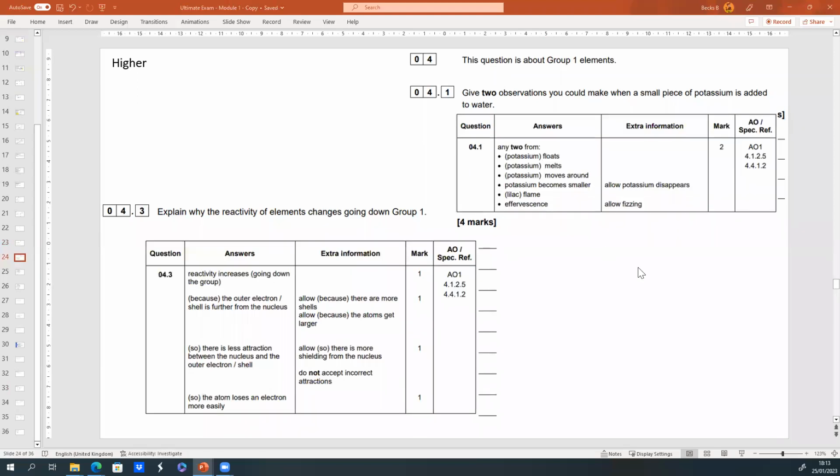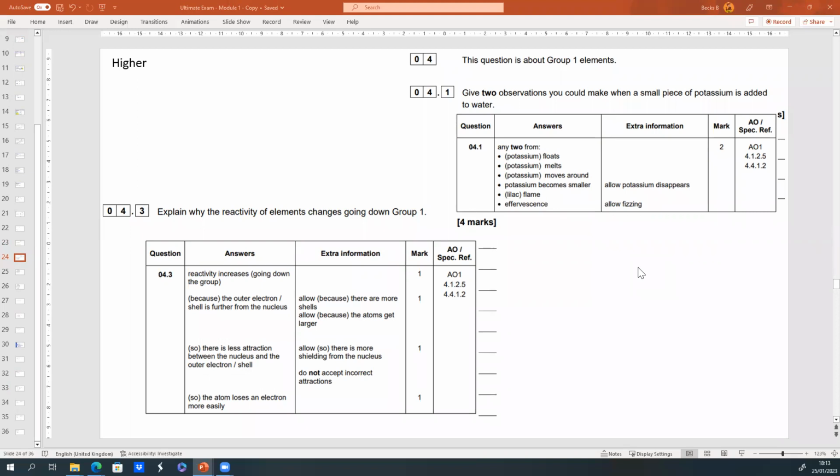So talking about that it floats, melts, moves around, we do get a bit of a flame with potassium. Yeah, so just 2 of those. So floats, melts, moves around the water, fizzing. Fizzing is always a good one.